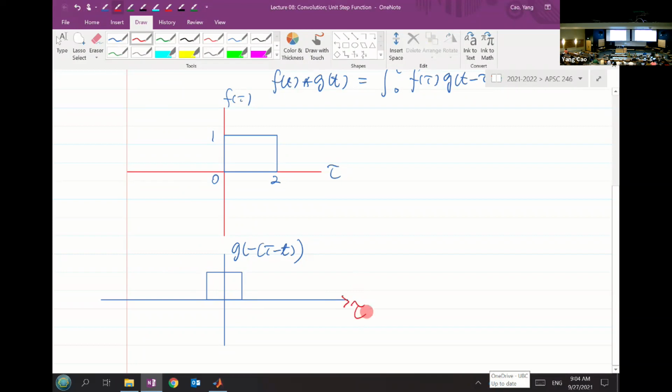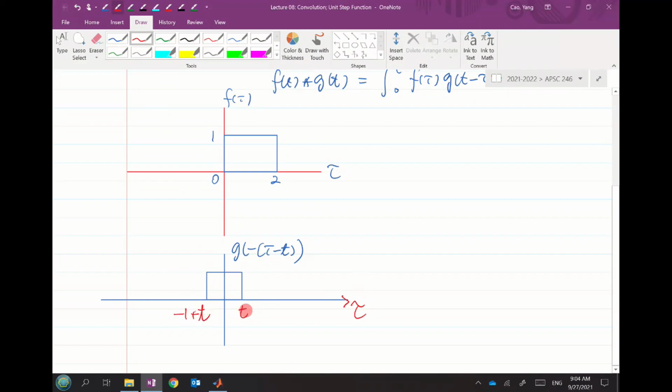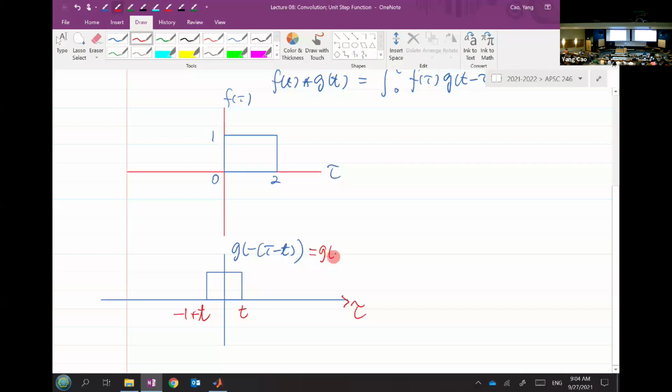So when you obtain this step, as we illustrated in the previous lecture, the two edges of this g of t minus tau are basically one is negative 1 plus t, another one is t.